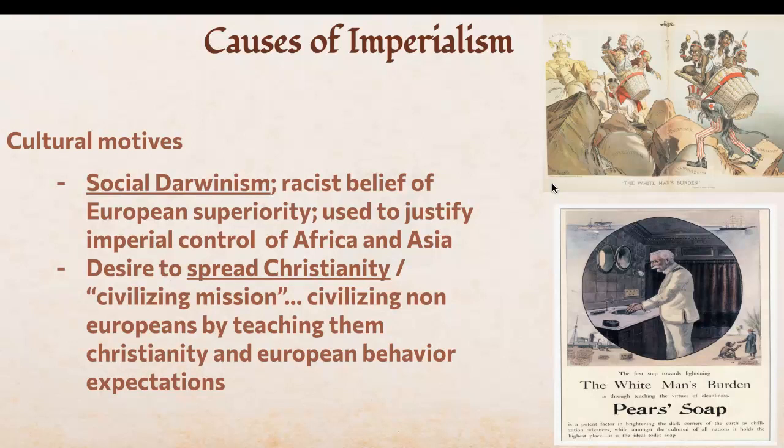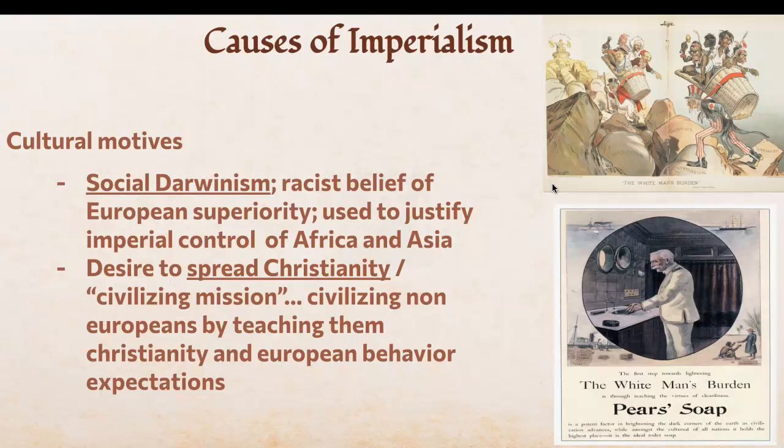So people are going to take this and create it into a social theory that is a racist theory, a racist belief of European superiority based on, I'm putting in air quotes, facts that are scientific. They aren't scientific. They are not backed by science at all. It's a lot of pseudoscience.